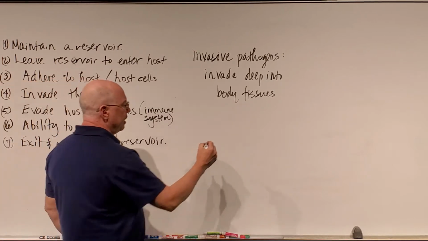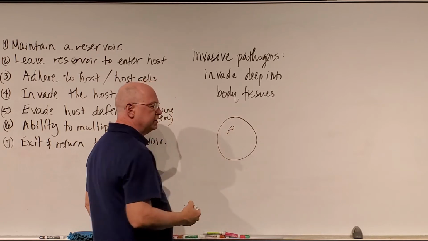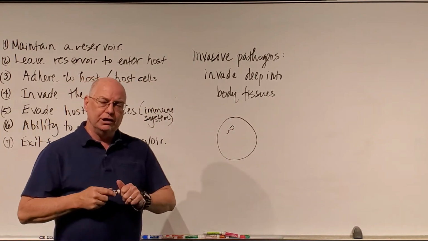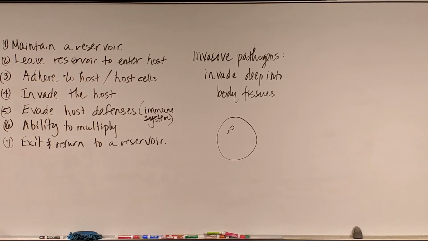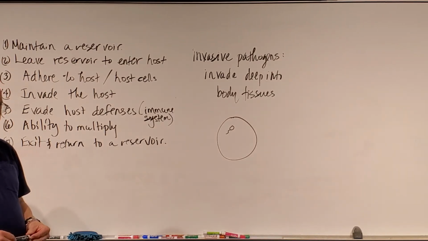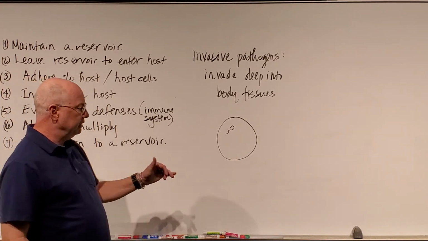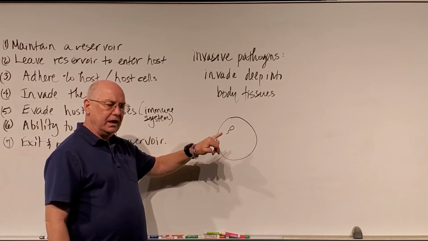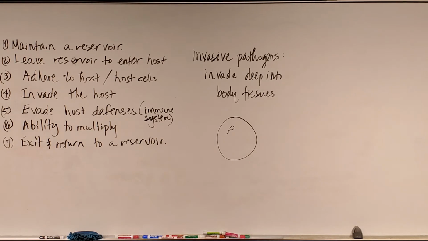So if you have a pathogen that actually makes it inside the cell somehow and lives inside the cell, then we call those intracellular parasites or intracellular pathogens. All obligate intracellular parasites are intracellular pathogens. So intracellular simply means inside the cell. One of the things we know is that rickettsias that cause Rocky Mountain spotted fever and chlamydias can very often live inside the host cells.